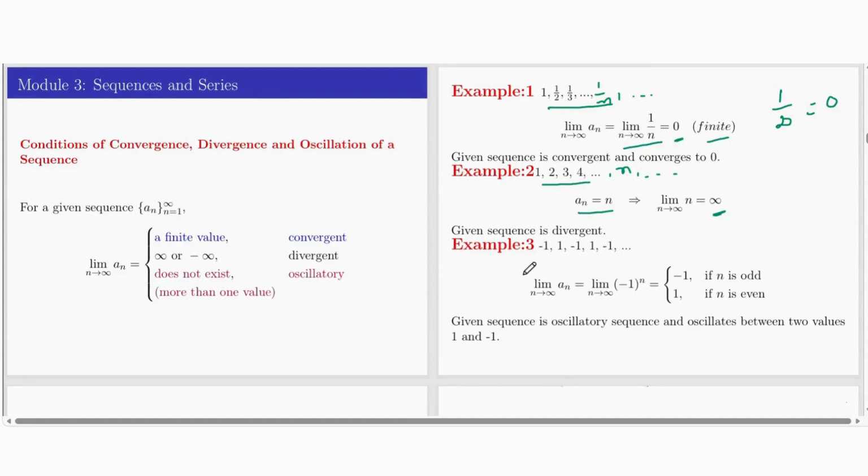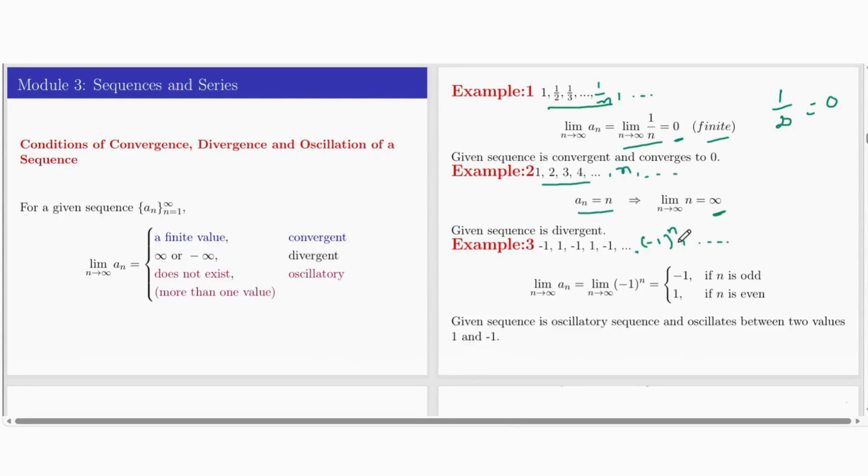Now third example, the elements of a sequence are minus 1, 1, minus 1, 1, minus 1, 1 and so on. Okay. Now what is the nth term of this sequence? The nth term of the sequence is nothing but (minus 1) raised to n and so on. Okay.